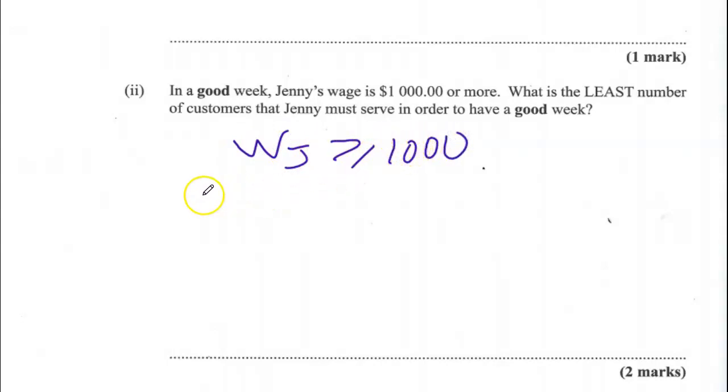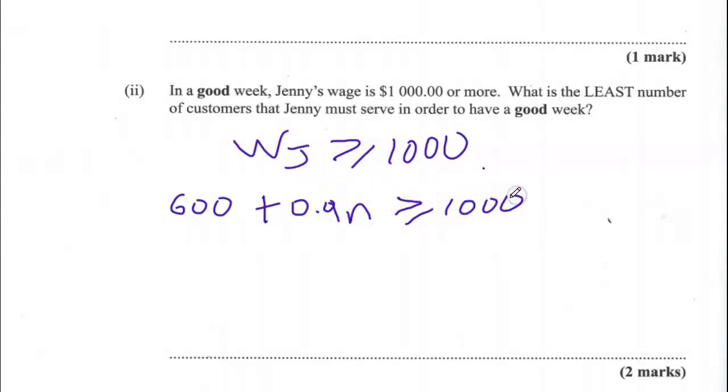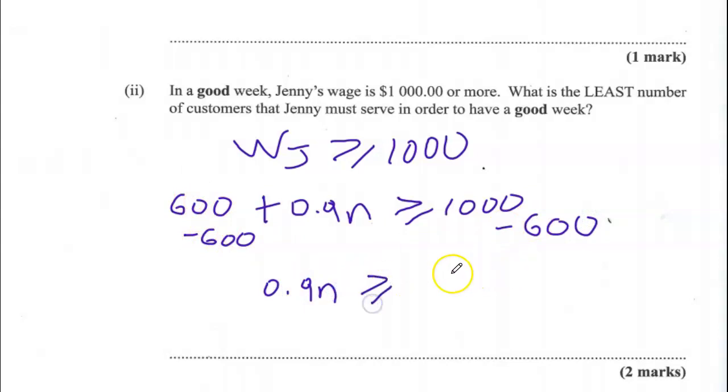And remember her weekly wage, what was her weekly wage again? 600 plus 0.9 N. So replace WJ with that, and we're told it's more than or equal to 1,000. So we solve, we can subtract 600 from both sides. So if we subtract 600 from both sides, we are left with 0.9 N greater than or equal to 400.